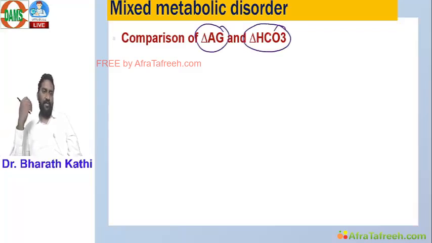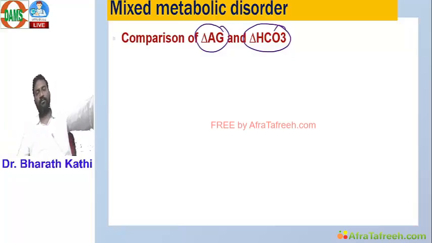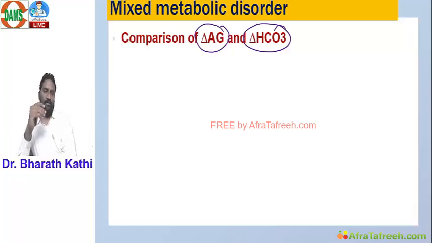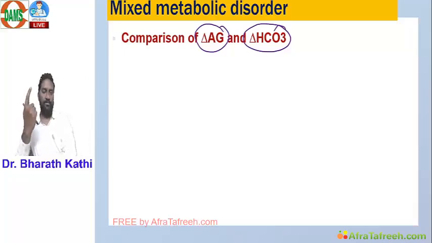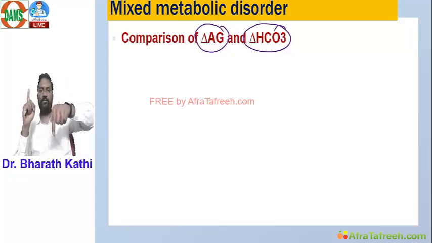Generally the acidosis will be high anion gap metabolic acidosis. High anion gap metabolic acidosis will be present. Now how to go around this delta anion gap and delta HCO3? As I told you, when there is high anion gap metabolic acidosis, for every 1 milliequivalent increase in anion gap, bicarbonate decreases by the same amount.